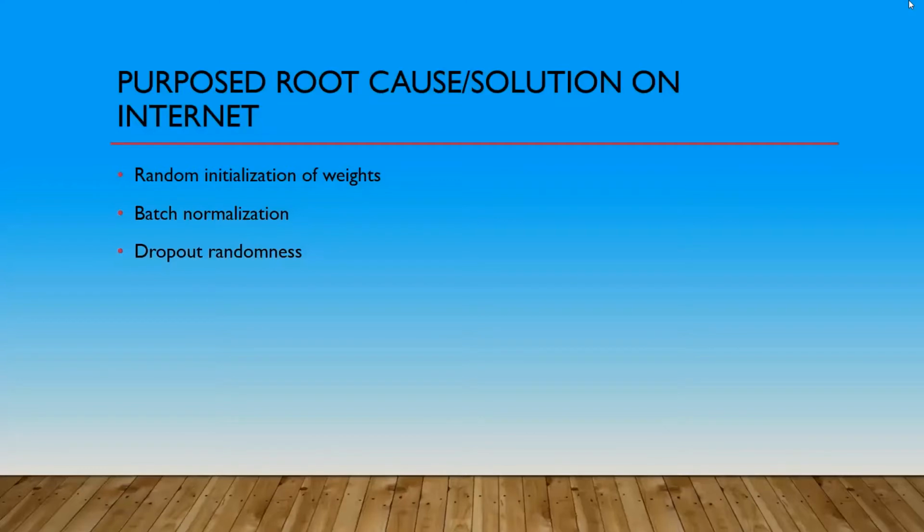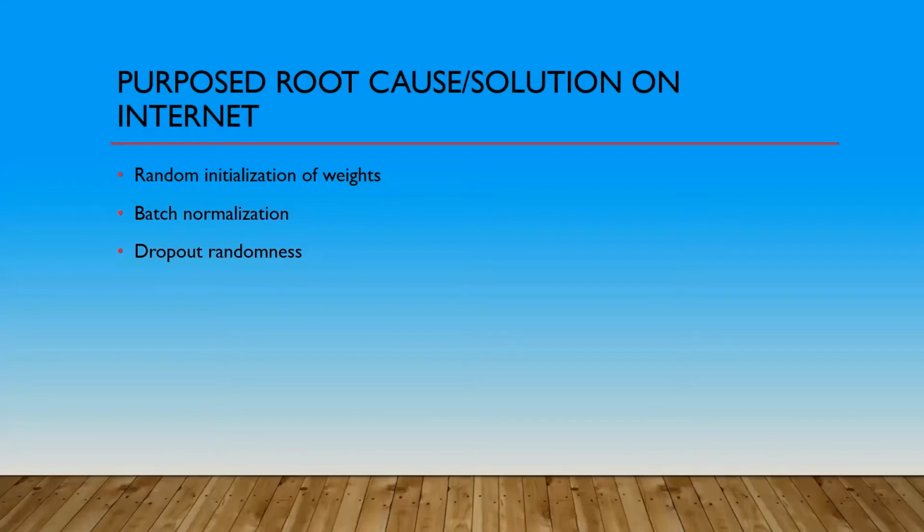If you scroll on the internet and look for the possible reasons due to which the results could not be reproduced in PyTorch, you may find answers related to random initialization of weights. For your deep learning models that you build in PyTorch, once the model gets initialized, it gets assigned random values. Now, this could be one source of non-reproducibility, but that's not true.